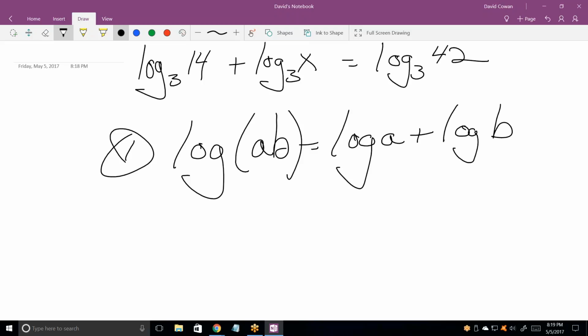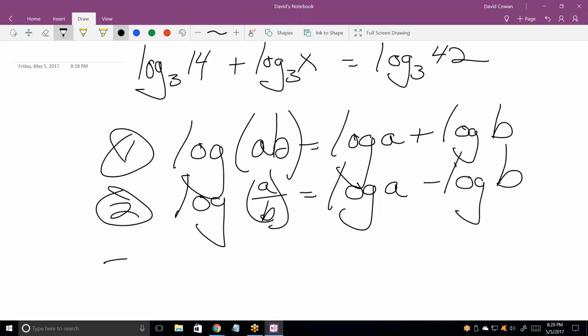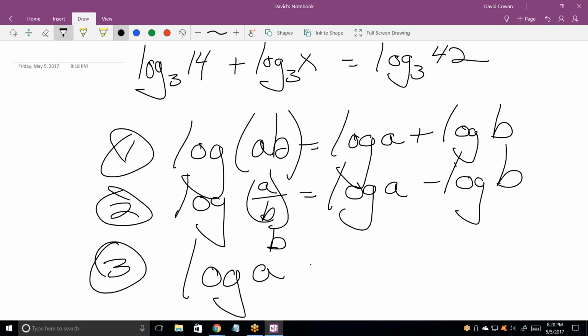Second rule: the log of a divided by b, when that's in the argument, is equal to the log of a minus the log of b. And finally, and this might be the most important one of all, the log of a to the b power is equal to b times the log of a.